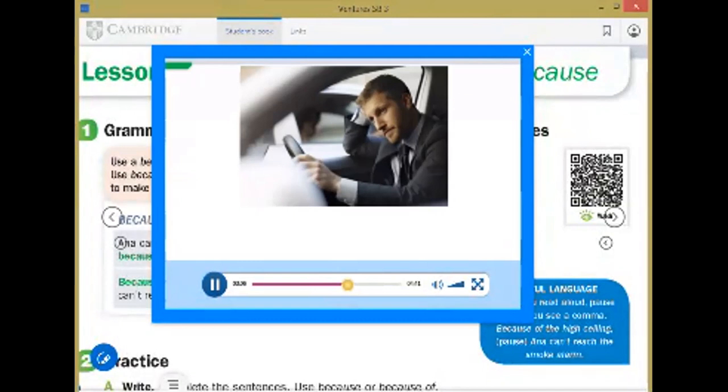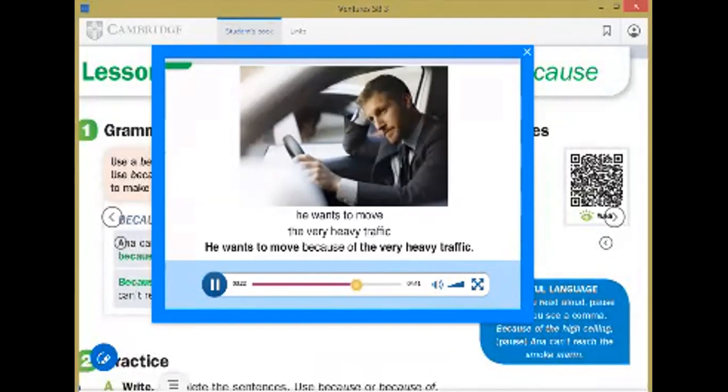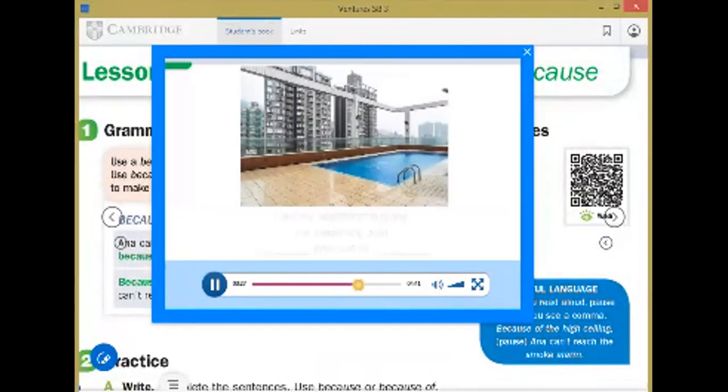Check your understanding. Look at the picture. Read and listen to the clause and the phrase. Use them to complete the sentence. He wants to move. The very heavy traffic. He wants to move because of the very heavy traffic. I like my apartment building. The swimming pool.